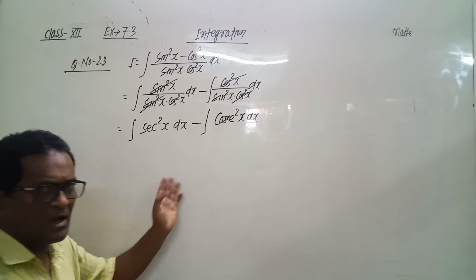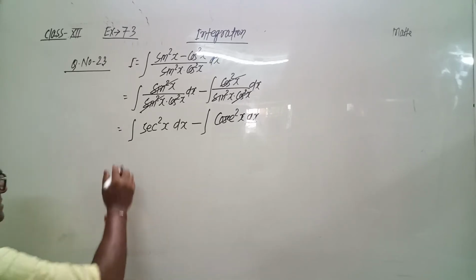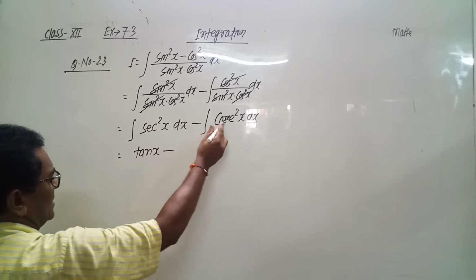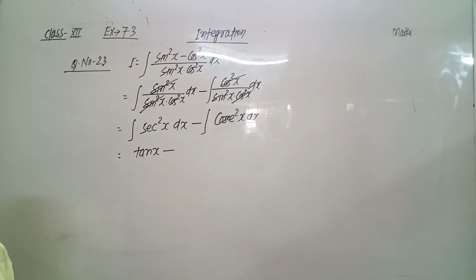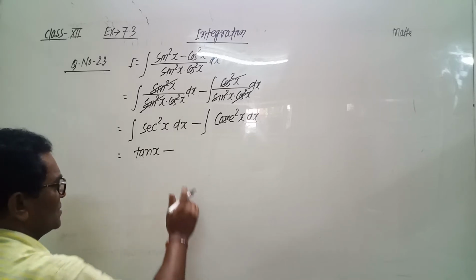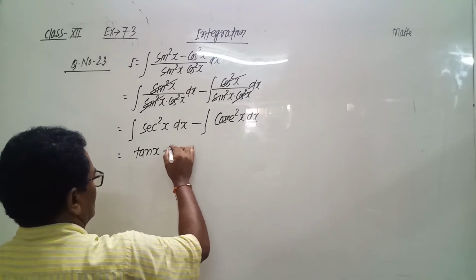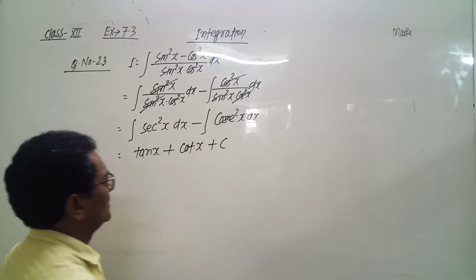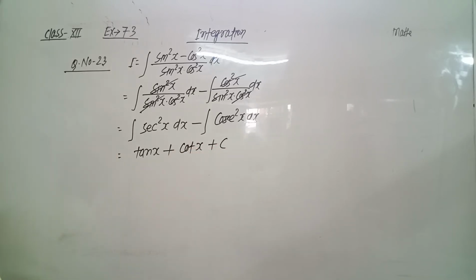And we know the formula: integration of sec square x dx is tan x, and integration of cosec square x dx is minus cot x. It becomes tan x plus, integration of cosec square x is minus cot x, and minus minus cot gives plus. So we get tan x plus cot x plus c.